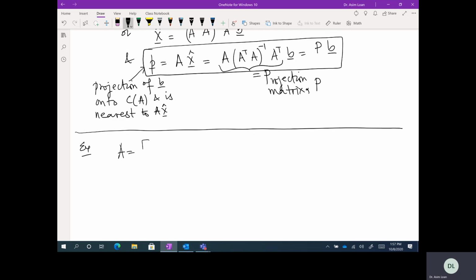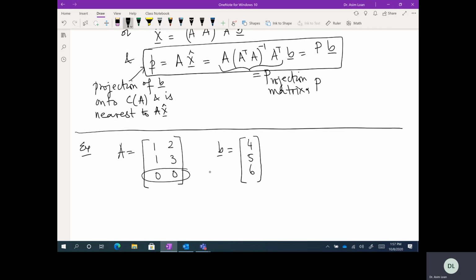A equals 1 1 0 2 3 0, and B equals 4 5 6. Now you can clearly see that the z coordinates of the columns are 0.